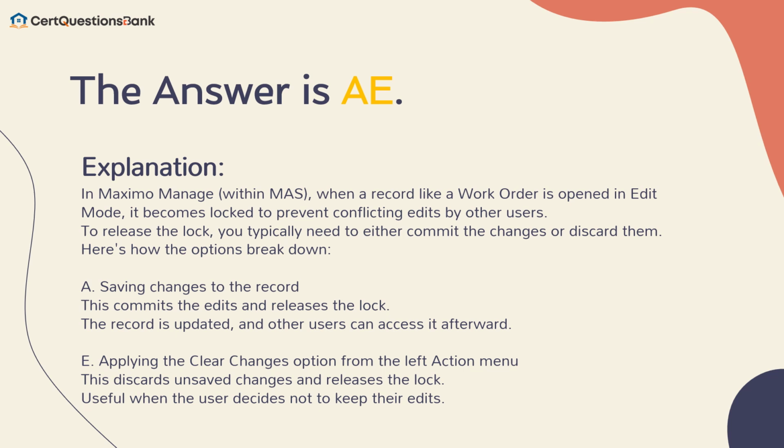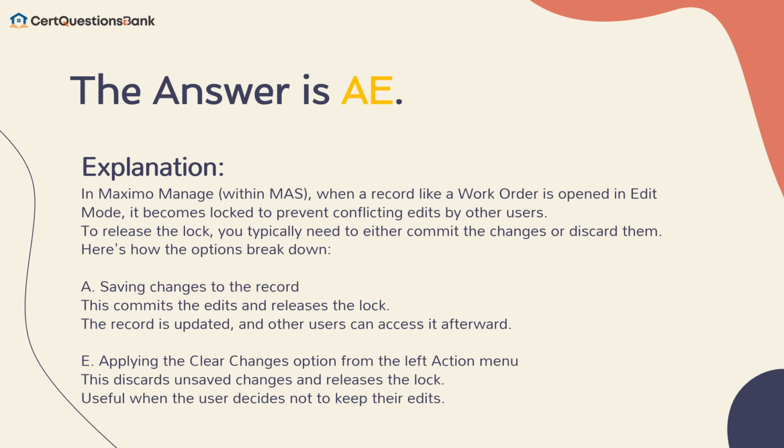In Maximo Manage, within MOS, when a record like a work order is opened in edit mode, it becomes locked to prevent conflicting edits by other users. To release the lock, you typically need to either commit the changes or discard them. Here's how the options break down. A. Saving changes to the record.